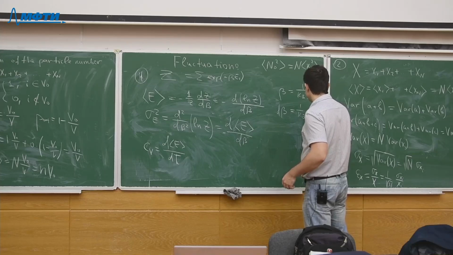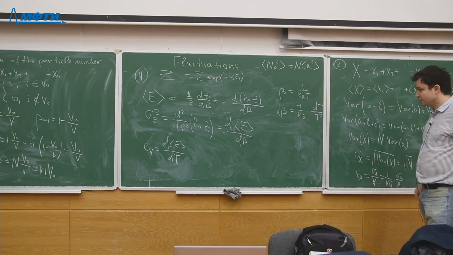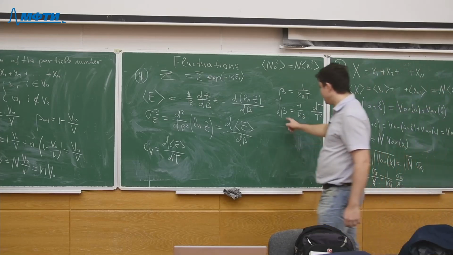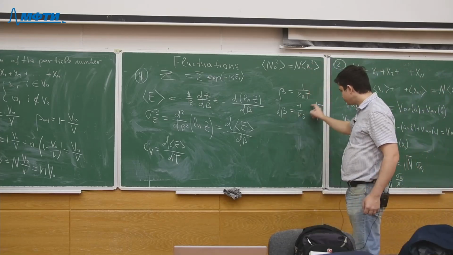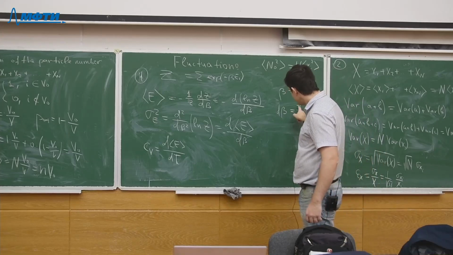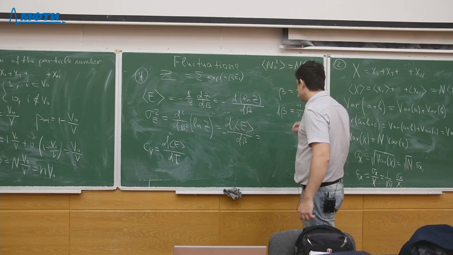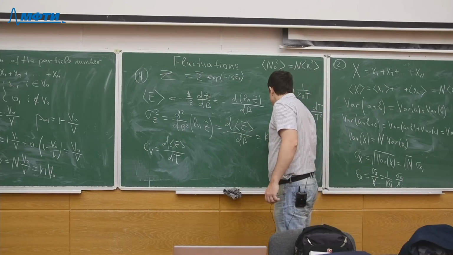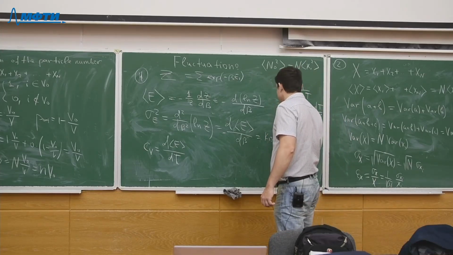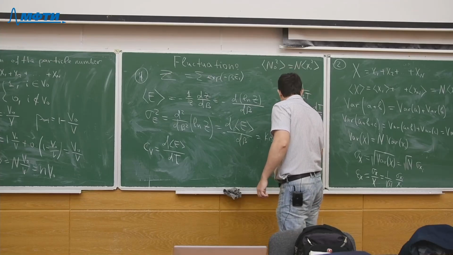So I can substitute this instead of d beta, and this minus by this minus gives me plus, and altogether that gives me kB T squared times the derivative of average energy over the temperature.